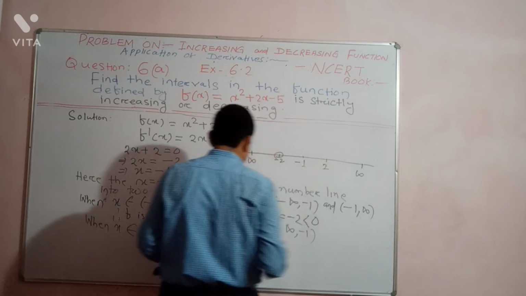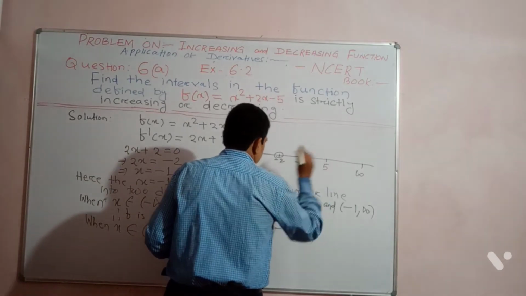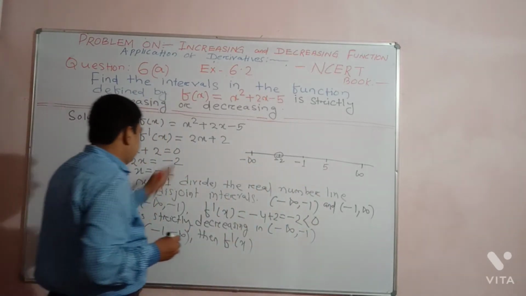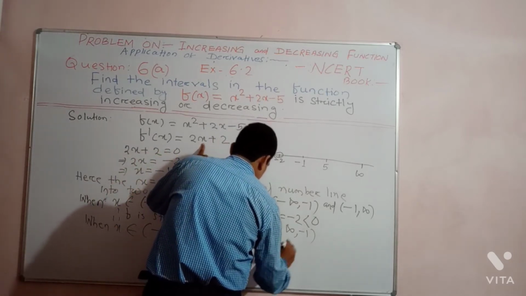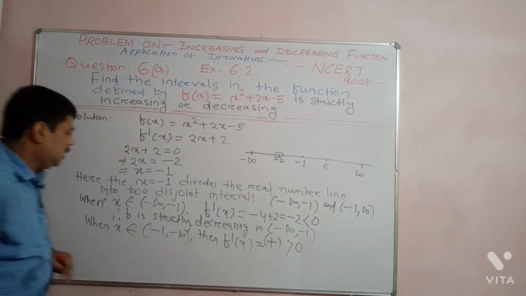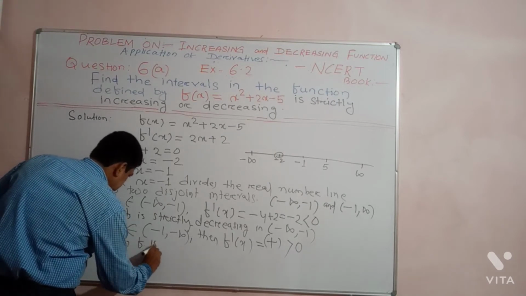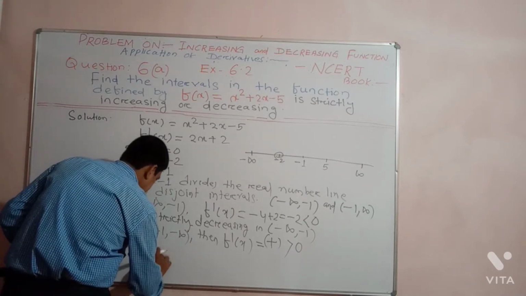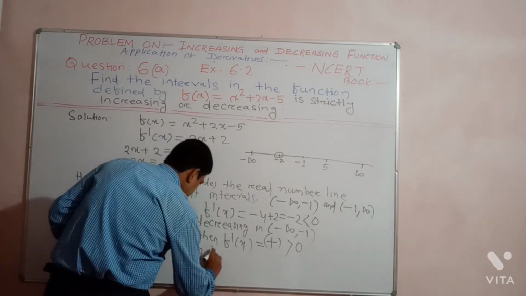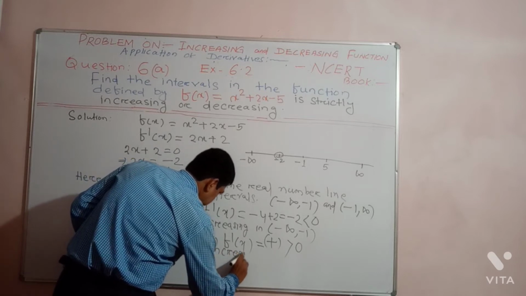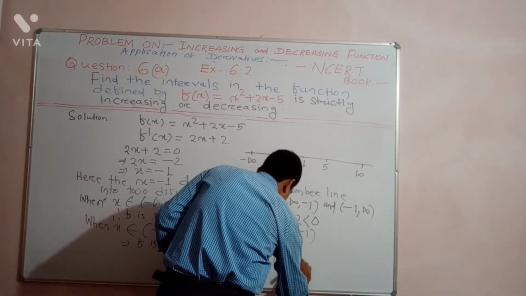Suppose x is equal to 5. Then f dash x is equal to 10 plus 2, which is a positive value, greater than 0. Since the slope of the function is positive, f is strictly increasing in the interval minus 1 to infinity.